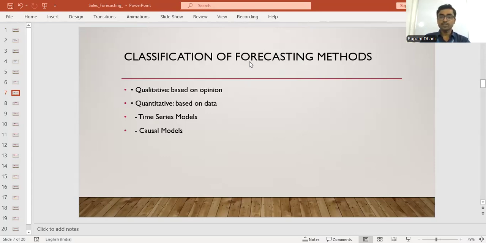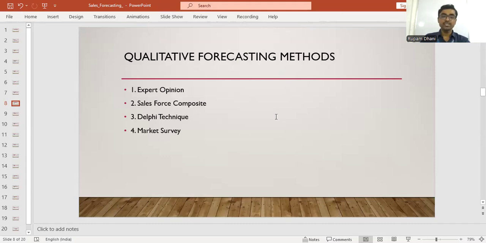Within quantitative methods, we have two subcategories: time series model and causal model. The qualitative forecasting methods are particularly useful when historical data is limited or when there are significant shifts in market conditions.